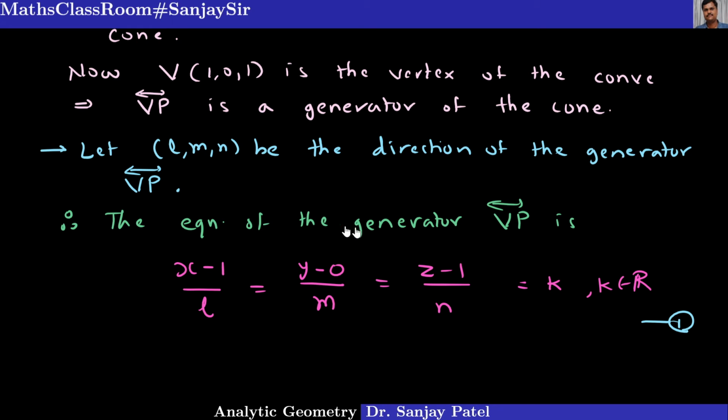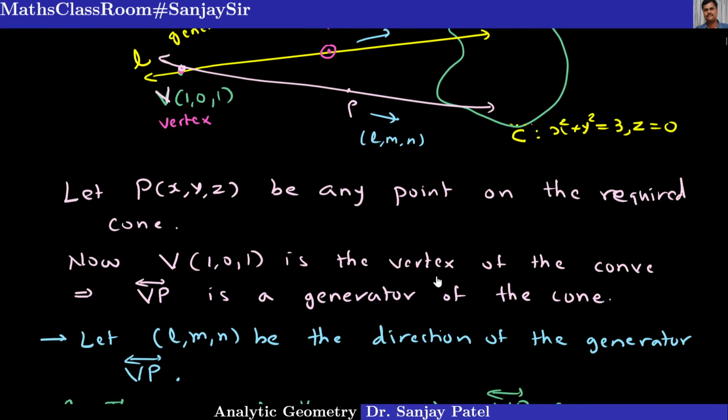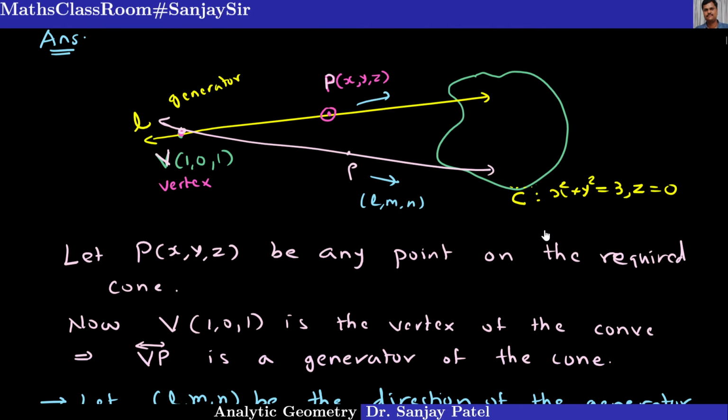Now this generator line is intersecting the given base curve or the guiding curve. This is our base curve or guiding curve. And the generator Vp intersects this base curve at some point. So I want to find the coordinates of this point, say Q. Okay. So I can write this way.